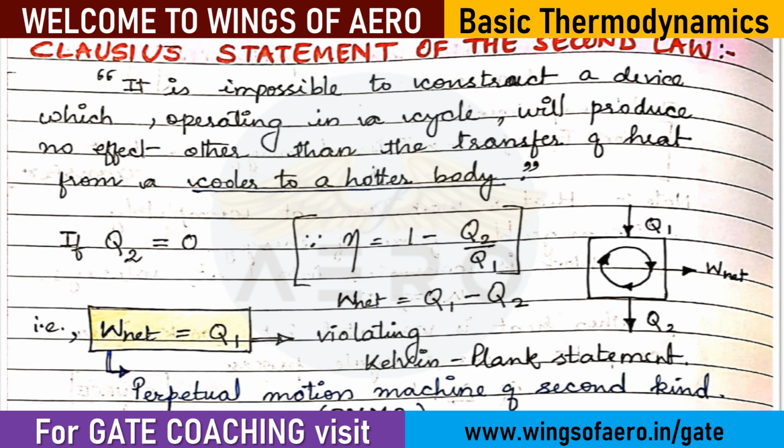So what is happening over here? Heat is going to move from a cooler to a hotter body. If there are two bodies, let me take this as a hot body and this as a cold body, it is going to move from cold to hot. That means definitely we need some device to drive the heat from cold to hot, because normally it flows from hot to cold to bring down the temperature difference.